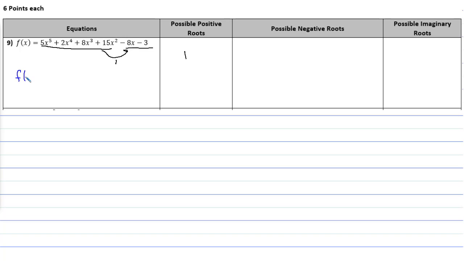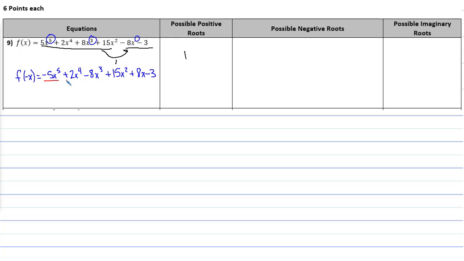So for the negative roots, we're going to plug in a negative x, and that's going to make anything with an odd exponent change its sign. So negative 5x to the 5th plus 2x to the 4th minus 8x cubed plus 15x squared plus 8x minus 3. Now I'm looking to see where my groups of signs are.